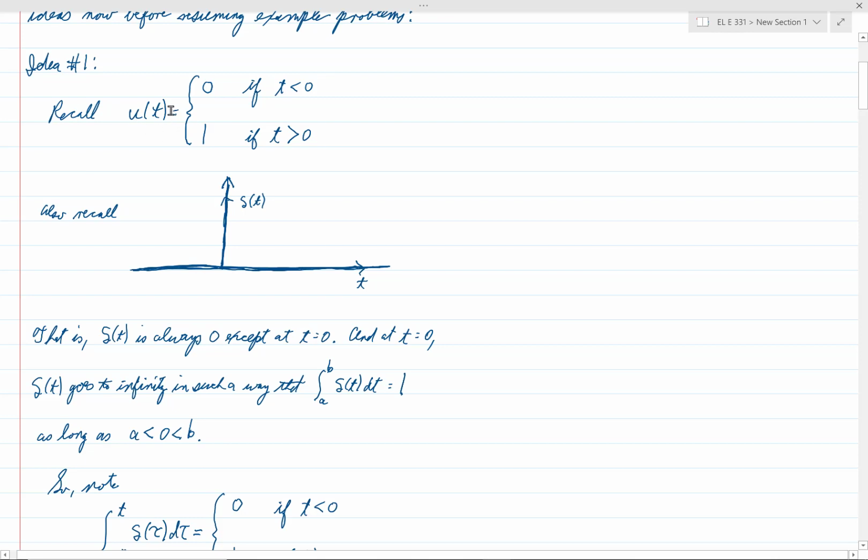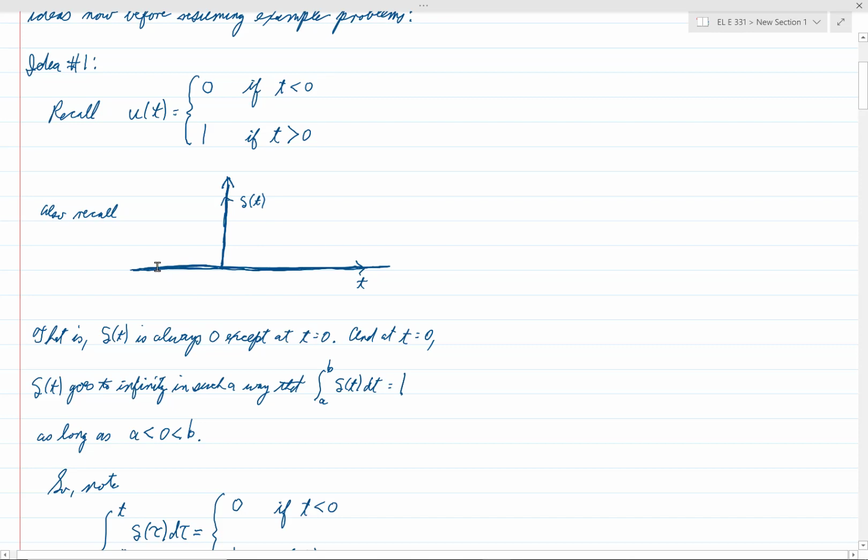Recall that the unit step function is designated as u of t and is equal to 0 when t is less than 0 and 1 if t is greater than 0. Also recall that the impulse function, which is denoted delta of t, looks like this.